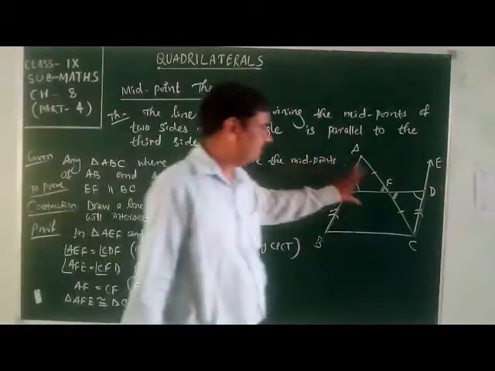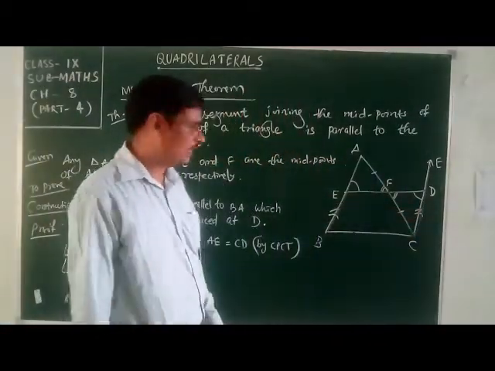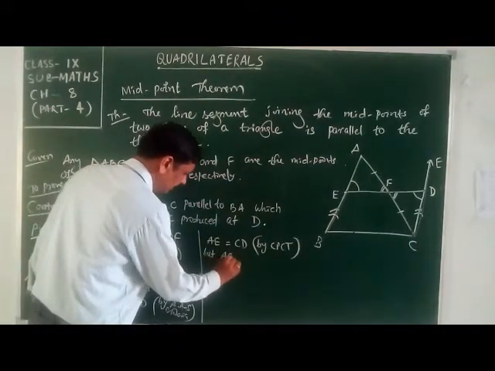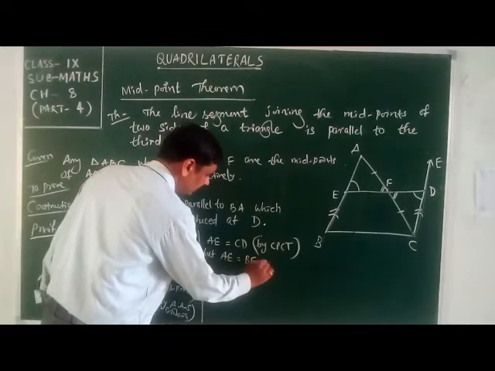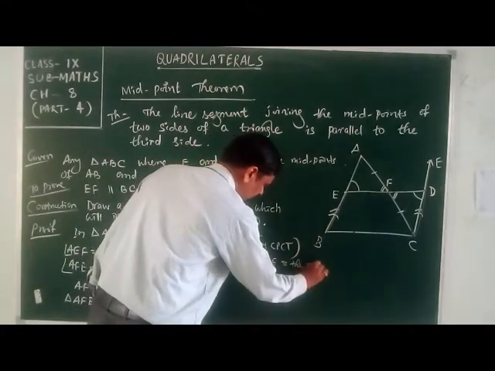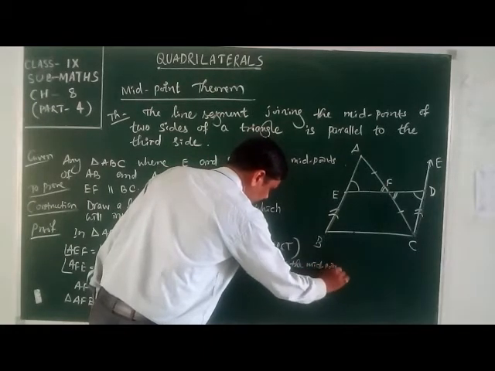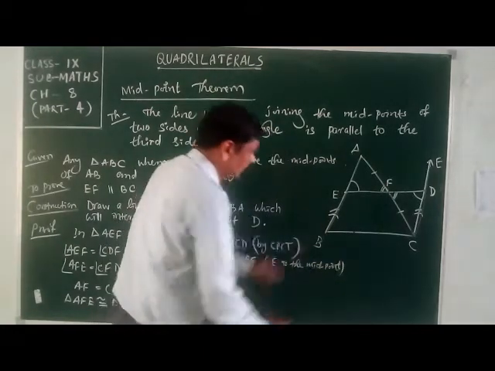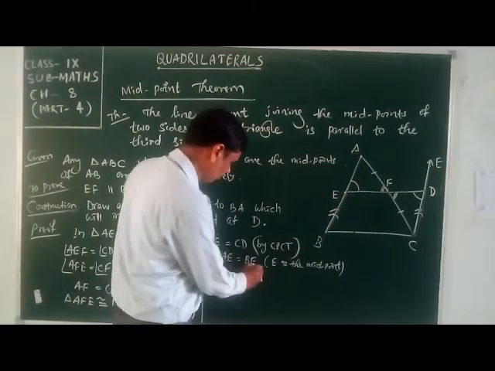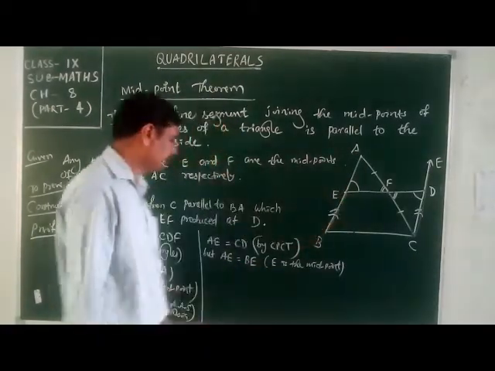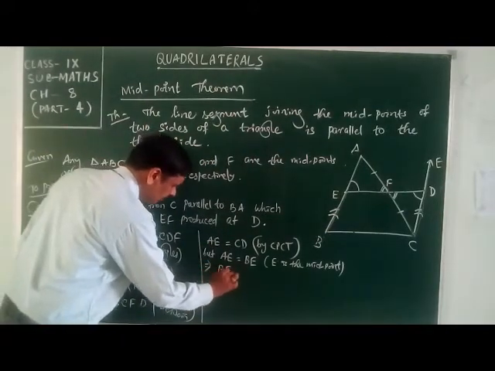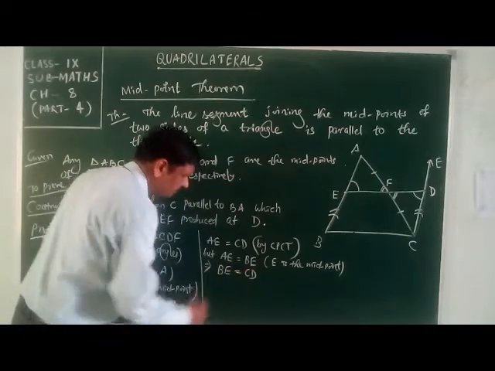AE and CD both are equal, but AE is equal to BE as E is the midpoint. Since E is the midpoint of AB, AE and BE both are equal. Since AE is equal to CD, this implies BE is also equal to CD.